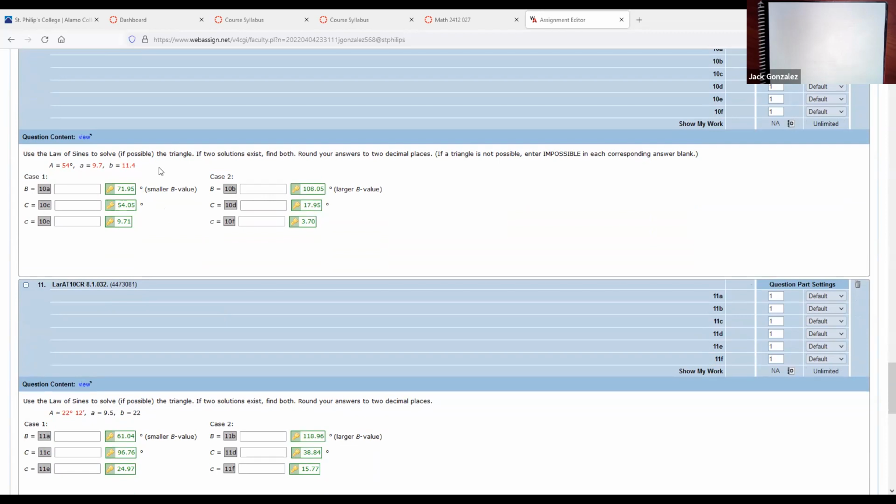Anyway, example 3. Use law of sines. Let me just write the question down. Let me try to shorten it up.